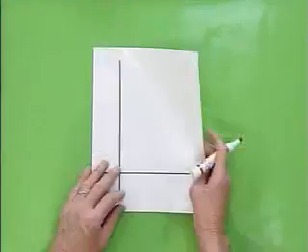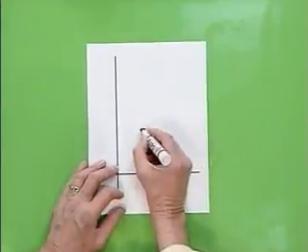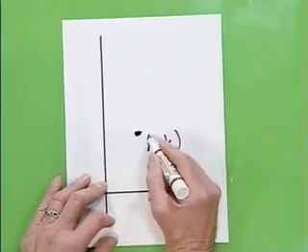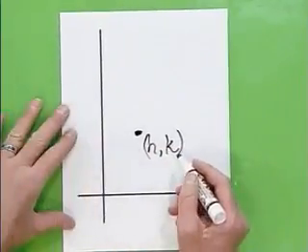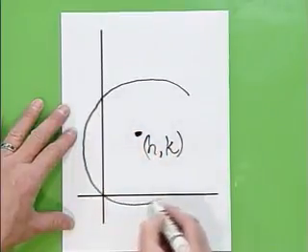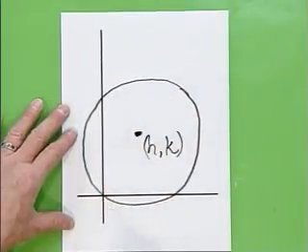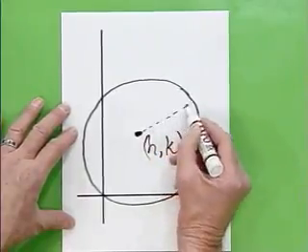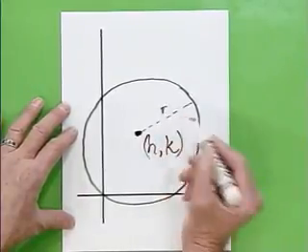Suppose that on the xy plane, I choose a point to be the center of my circle, and let's say this is the point (h, k). I use that for the center, and around it, I draw a circle. I'll just roughly sketch a circle right here. It doesn't necessarily go right through the origin, but it looks like I've drawn mine through the origin. And it looks like the radius here is r.